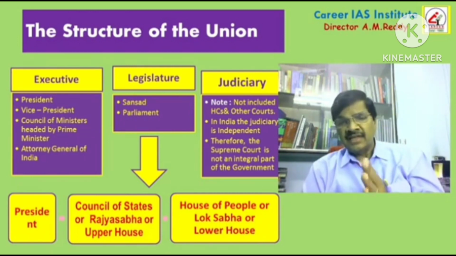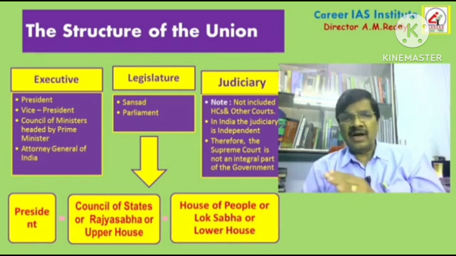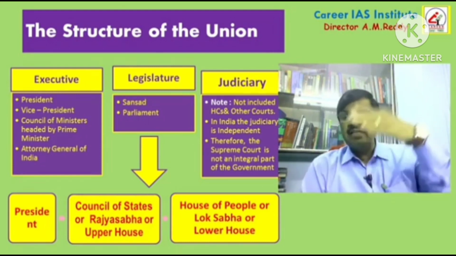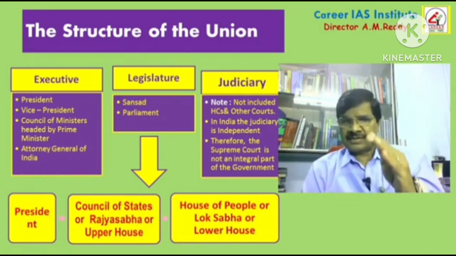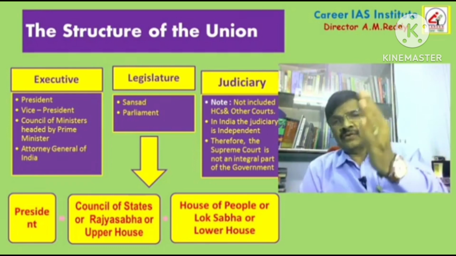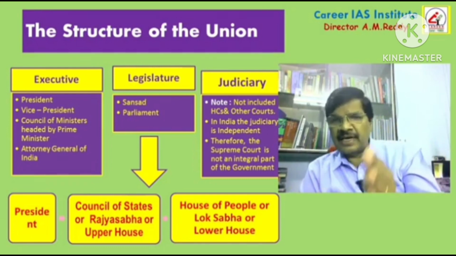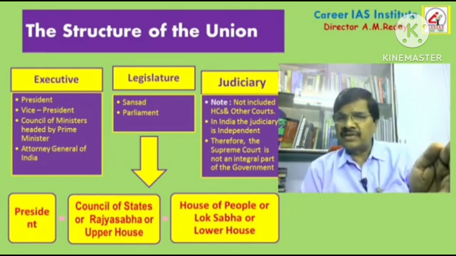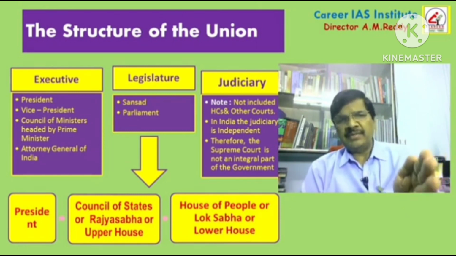Ordinance is a temporary law, and the legislature's major function is to enact legislations, that is, laws. So that is also law and this is also law. Therefore 123 is separate, a little different from the powers and functions of the legislature, the parliament.